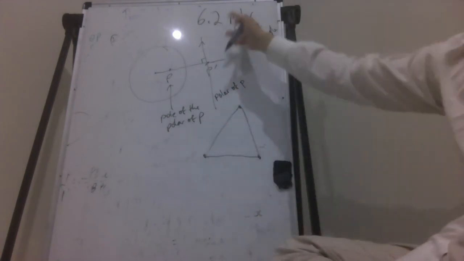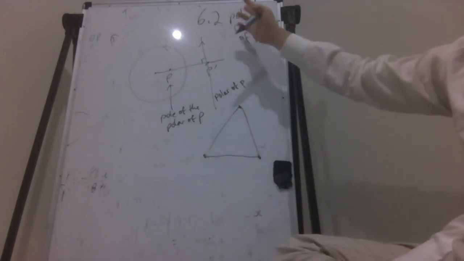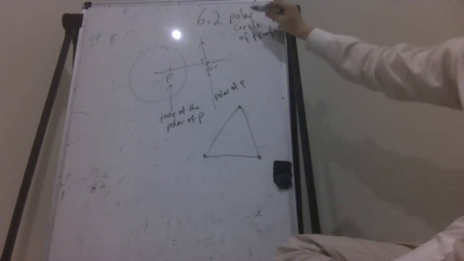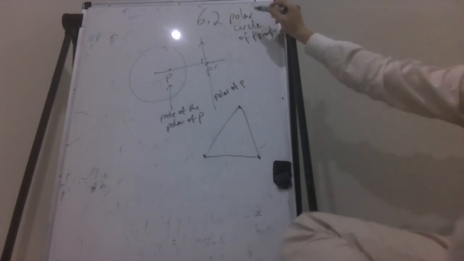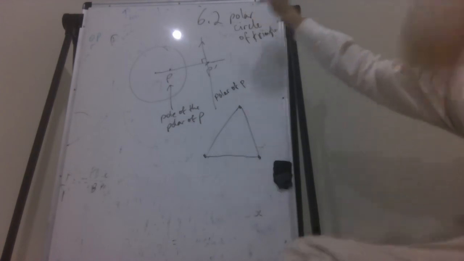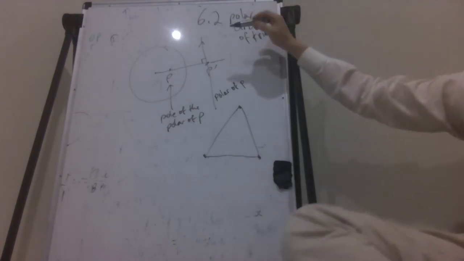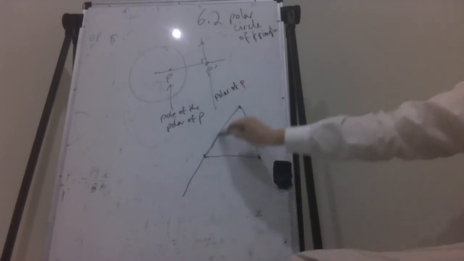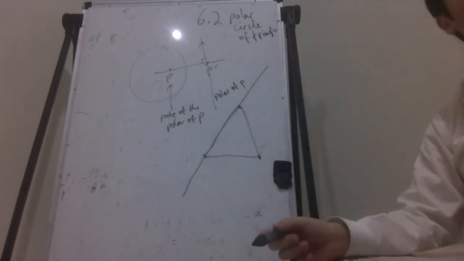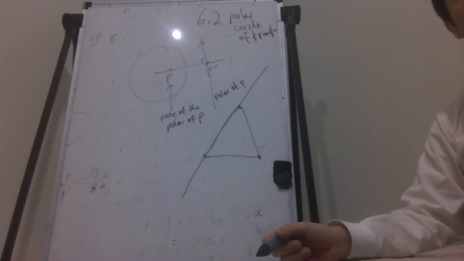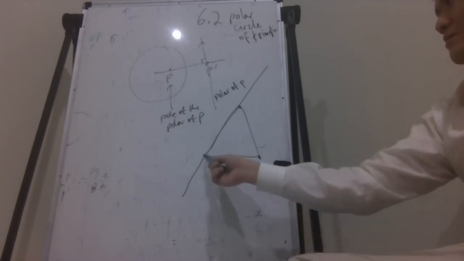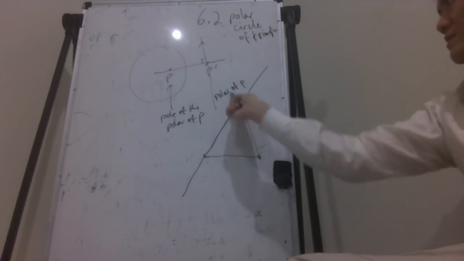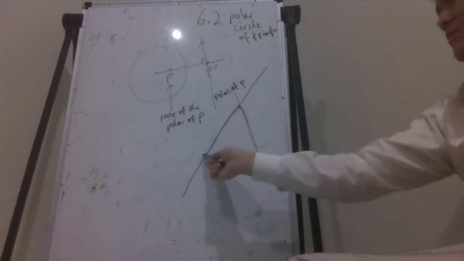What the polar circle does, you have to assume this because we did this last time, is take a circle where the polar of the point is the opposite side. And so the pole of the opposite side is the point.